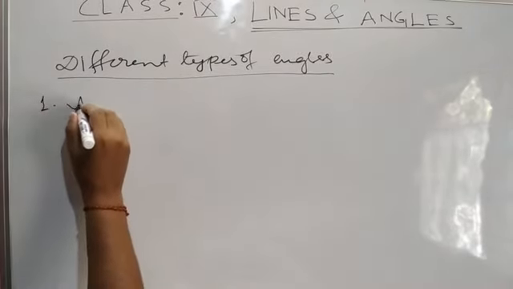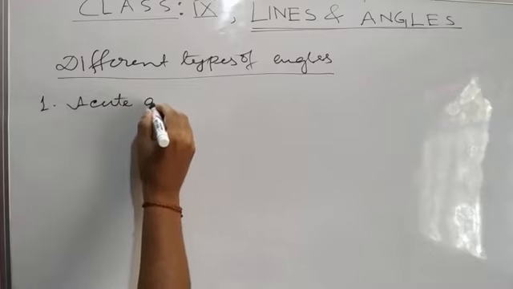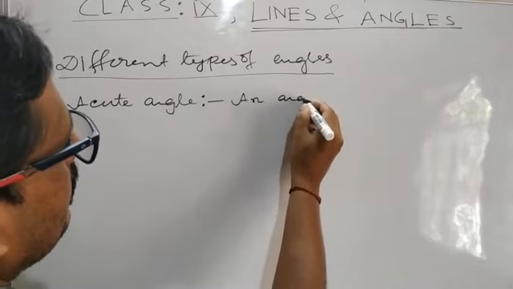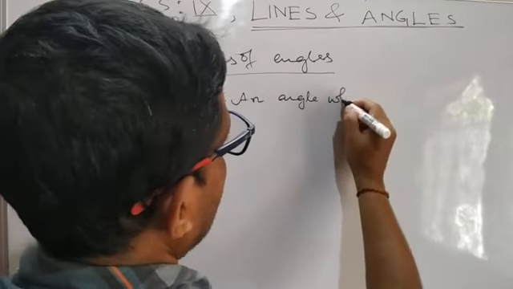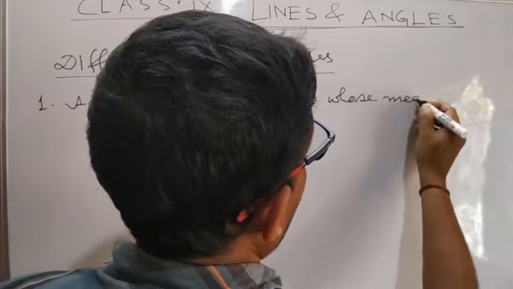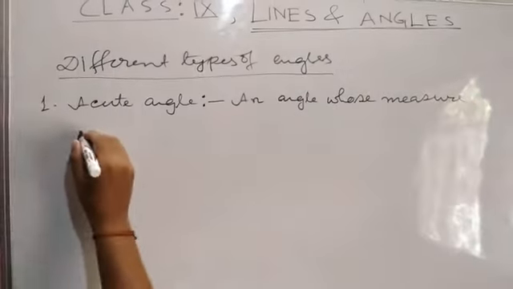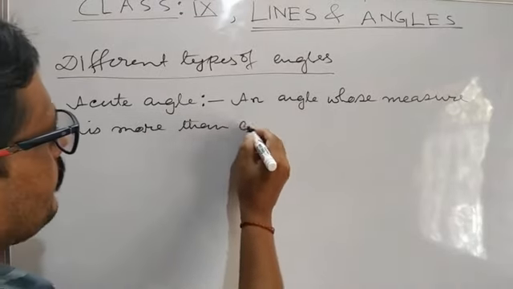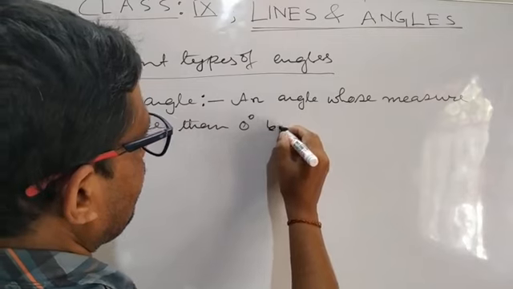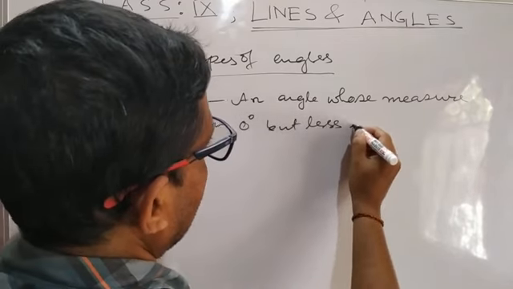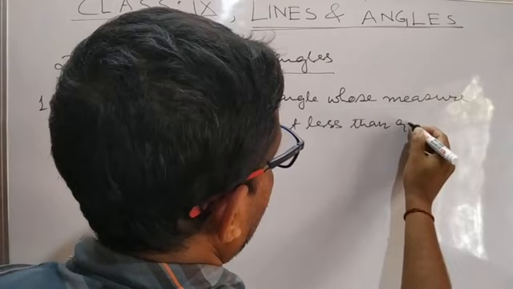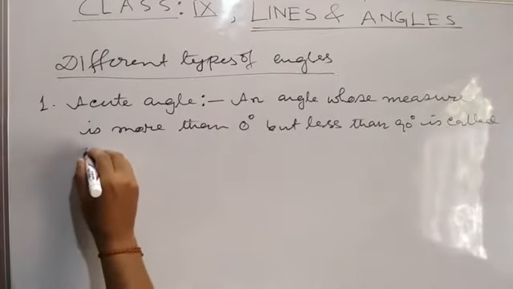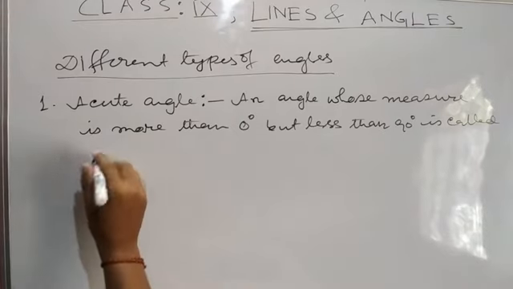First one, acute angle. An angle whose measure is more than 0 degree but less than 90 degree is called an acute angle.